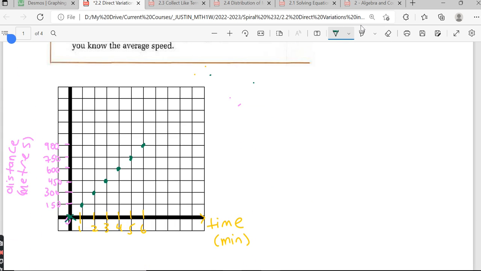Write an equation to find the distance in meters that Susan jogs in t minutes. Well, t minutes, d distance, or d meters. Okay, so how can I write an equation to represent this?